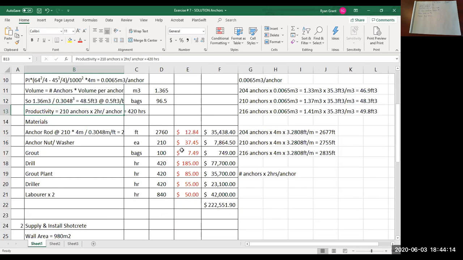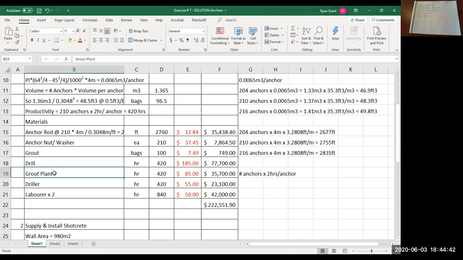So we come down here a little further. We've got grout bag. I've got the 100. I've got the crew here. So you need the drill. A lot of you missed the grout plant. You need a grout pump in order to pump the grout into the cores for the anchors. So there was a significant cost there that some of you missed.